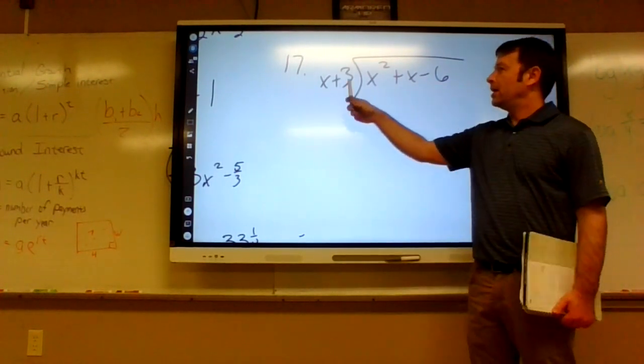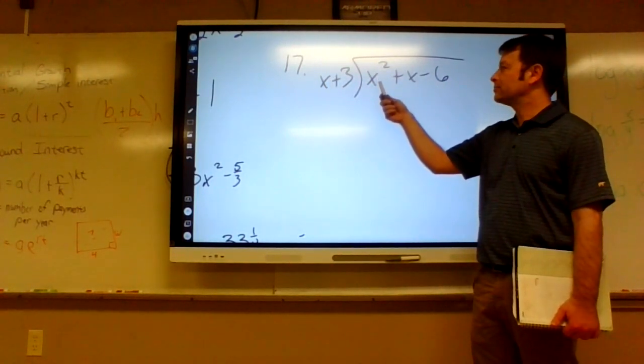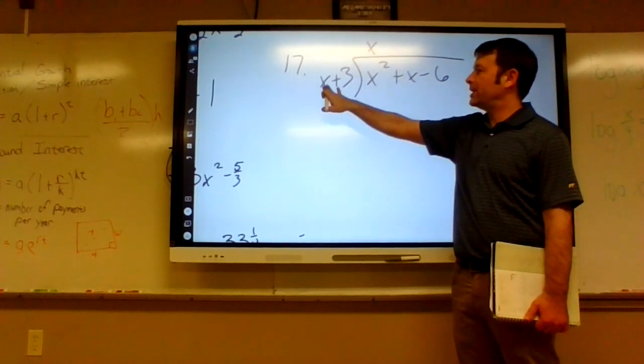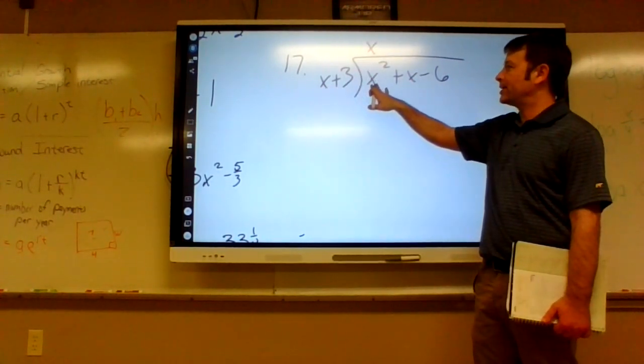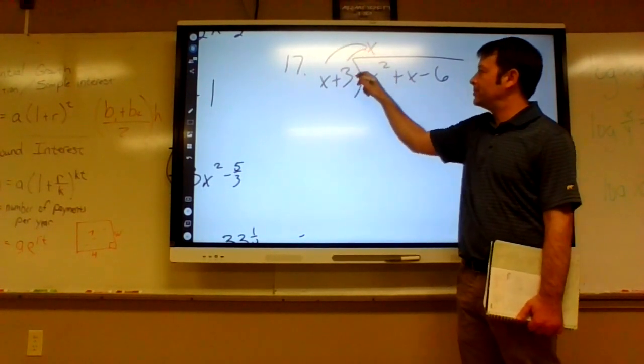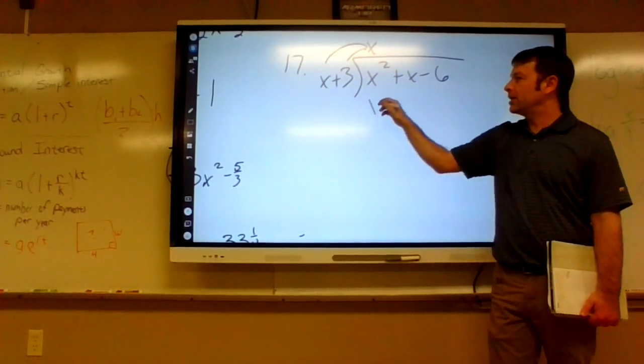Okay, x times what equals x squared? X. I'll say it again. X times what would give us x squared? X. So then I'm going to do x times these two, put it down here and subtract. X times x is x squared.